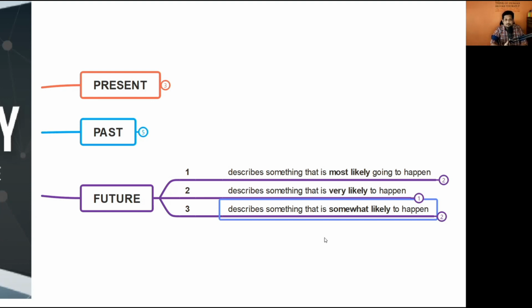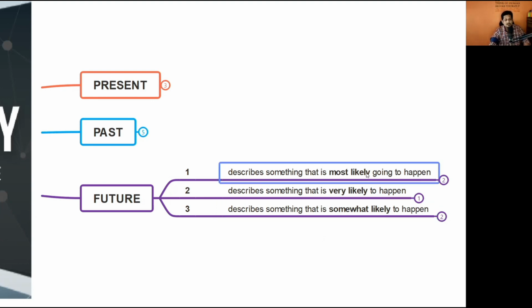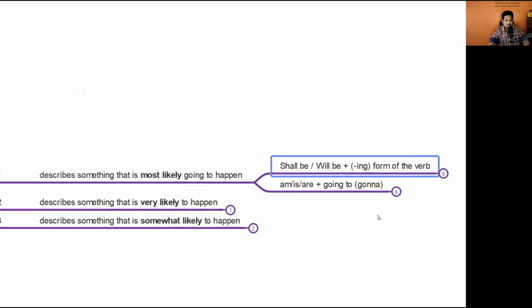There are three scenarios. Now, if there is something which is most likely going to happen in the future, then there are two ways to express it. We will use the auxiliary verb shall be or will be.